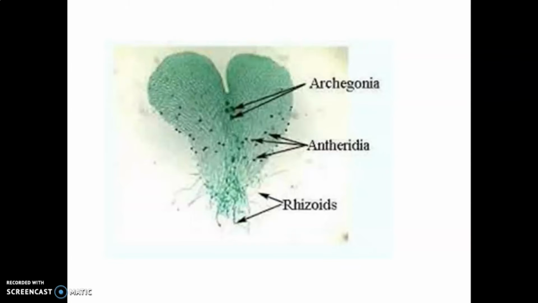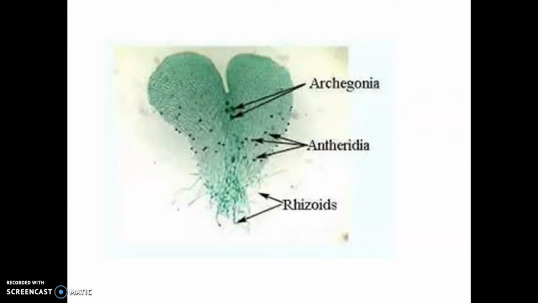Okay, children. Then we know that this is its gametophyte, isn't it? So this gametophyte bears male and female sex organs, antheridia and archegonia respectively. We know that antheridia is a male sex organ and archegonia is a female sex organ.